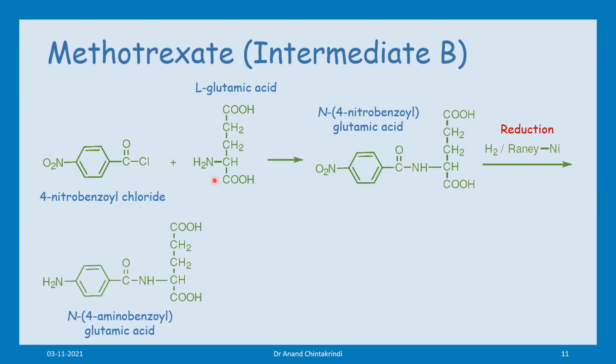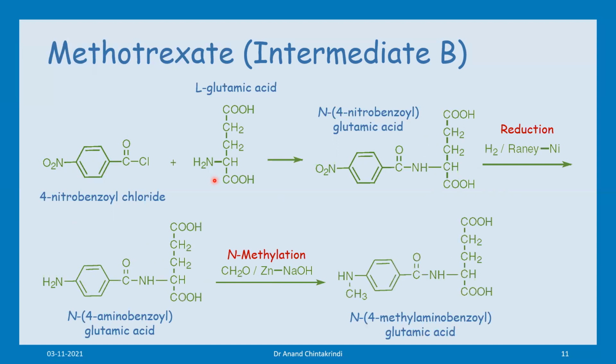The next step is N-methylation of this aminobenzoyl part using formaldehyde and sodium hydroxide, to form this N4-methylaminobenzoyl glutamic acid, which is our intermediate B.